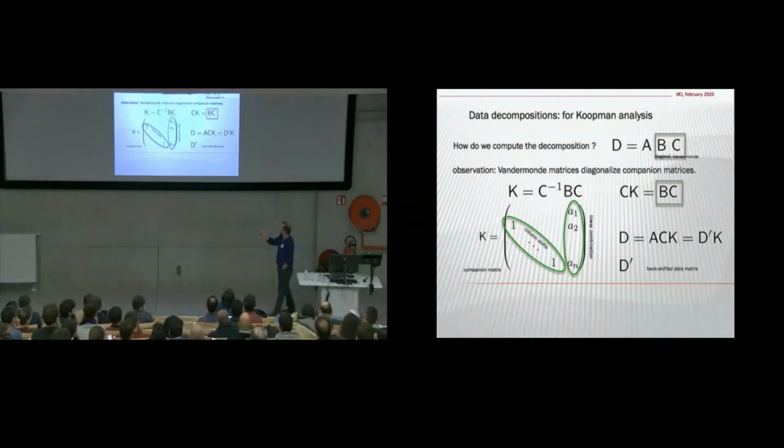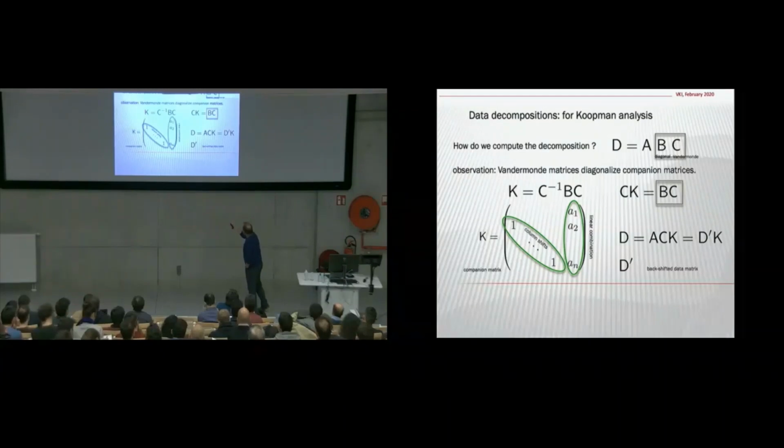That's what the ones do. And then the only thing is the last column in D has to be multiplied by the linear combination of all the ones in D prime. So what I need to do now is, I have the data matrix here, and the D prime I get by taking the last column of D and expressing it as a linear combination of all the other ones before in D. That's nothing more than what the companion matrix does.